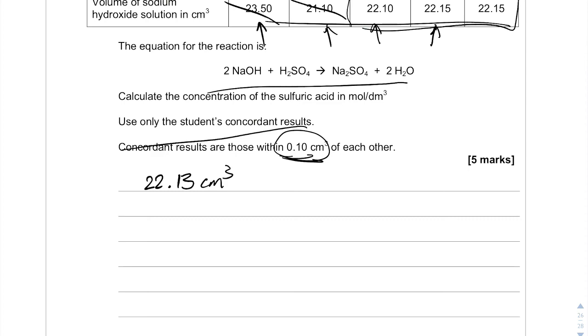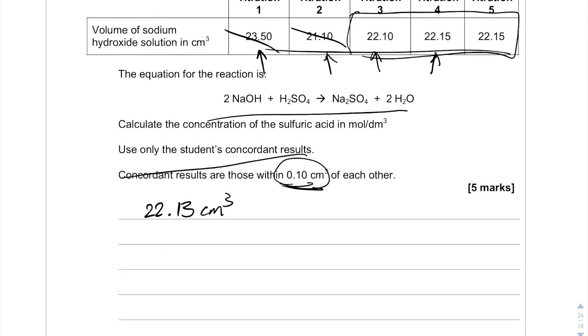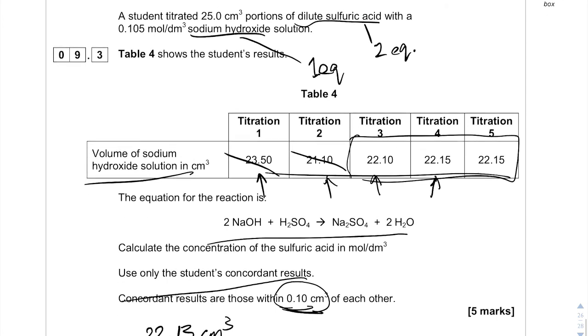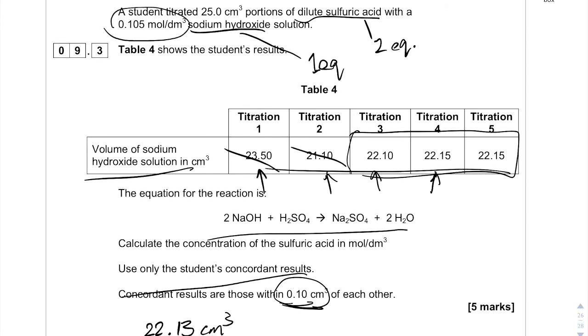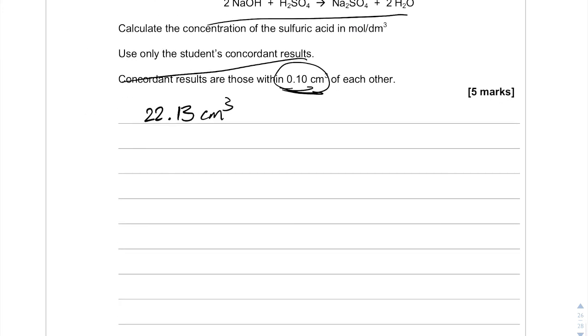And in terms of the number of moles of base that we have, sodium hydroxide uses this concentration per decimeter cubed, and so we convert the actual cm cube volume into dm cube, which is 0.02213 dm cubed.